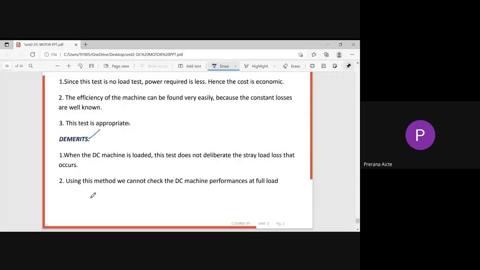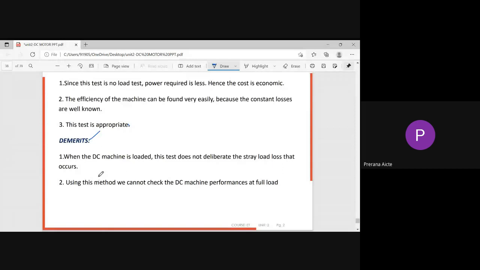Next, coming to demerits. When the DC machine is loaded, this test does not consider the stray load losses. By using this method, we cannot check the DC machine performance at full load condition.